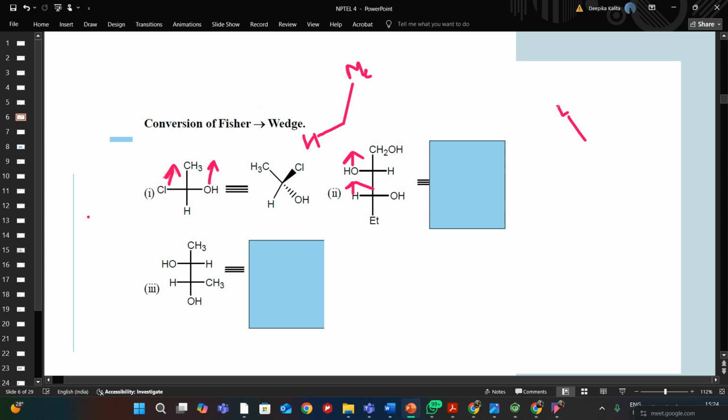Suppose we are placing the ethyl and CH2OH substituents as this, we will get the molecule in its wedge projection in this way.